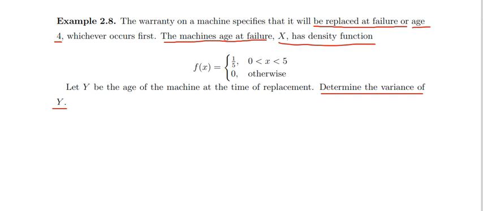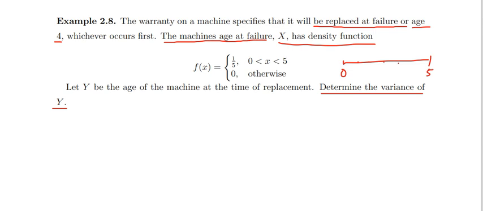If the machine still can work but is too old, we still need to replace it, right? So here x is the lifetime, or the age of the machine. So x can be 1 year or 1.5 years, or like here.